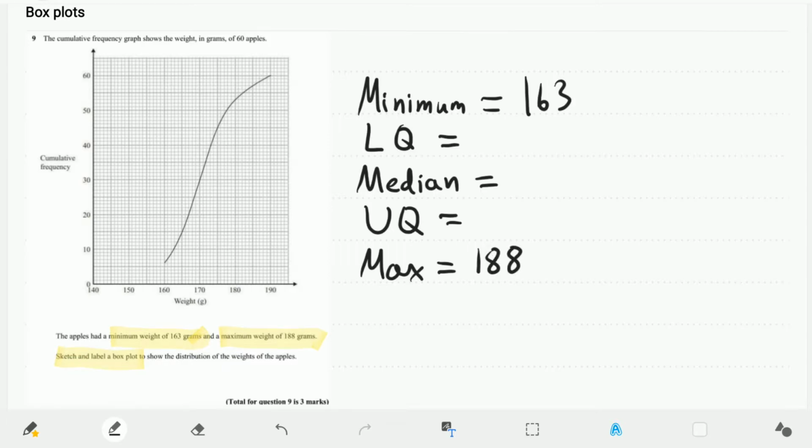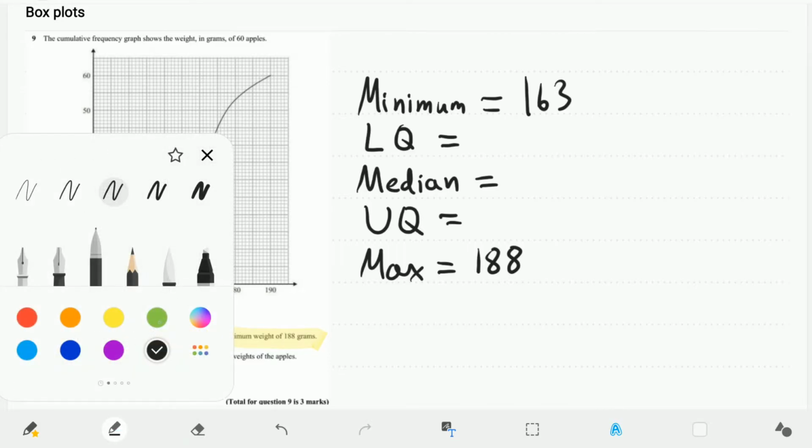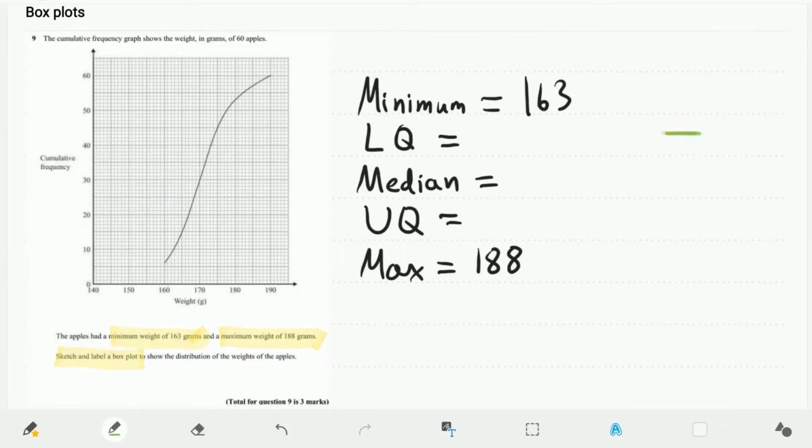Alright, the lower quartile, well, there are 60 apples, which means the lower quartile will be 15 apples in. The median will be at 30 apples.